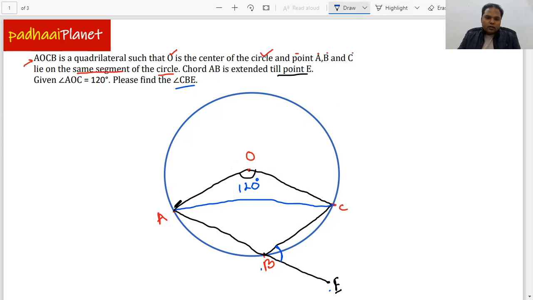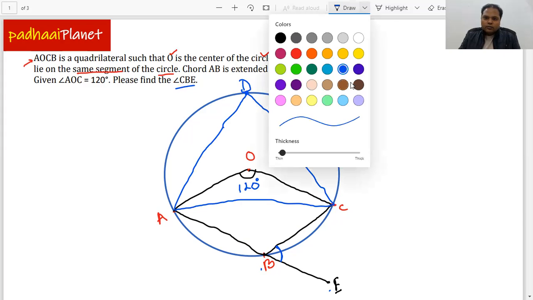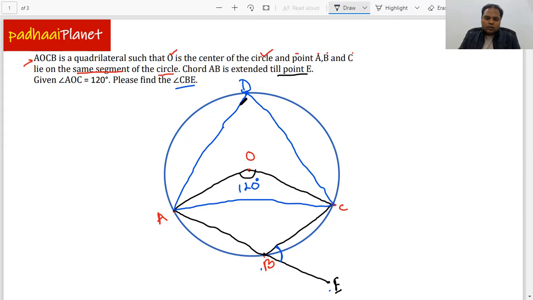Now we also take one point somewhere on the circle, and we connect A with this point, and then we also connect this point with C. Suppose this point is D, we mark it as D. Now we have this angle also.